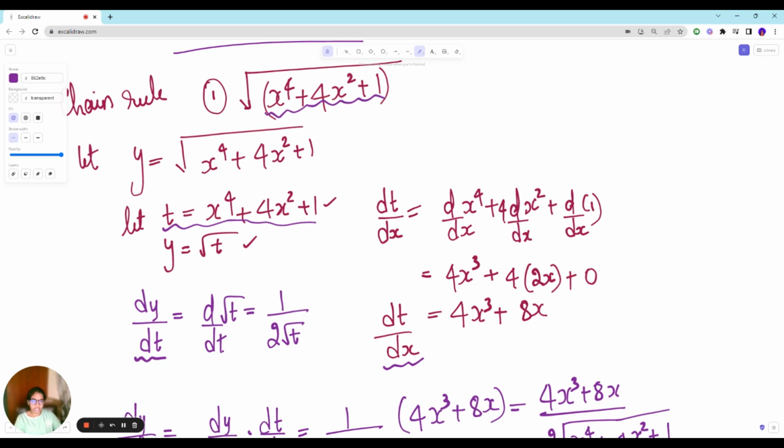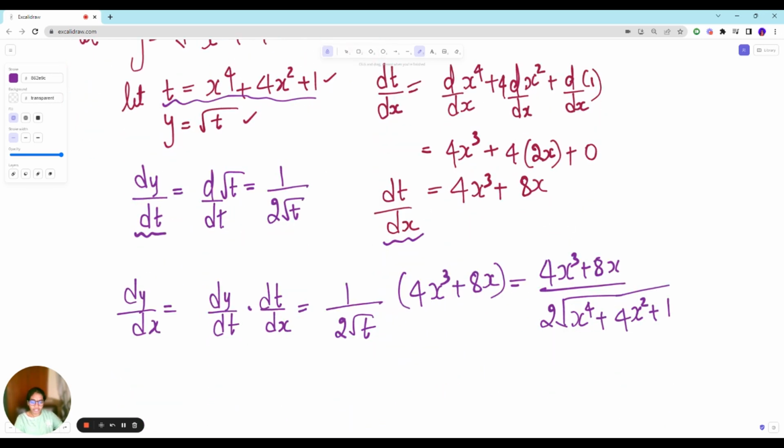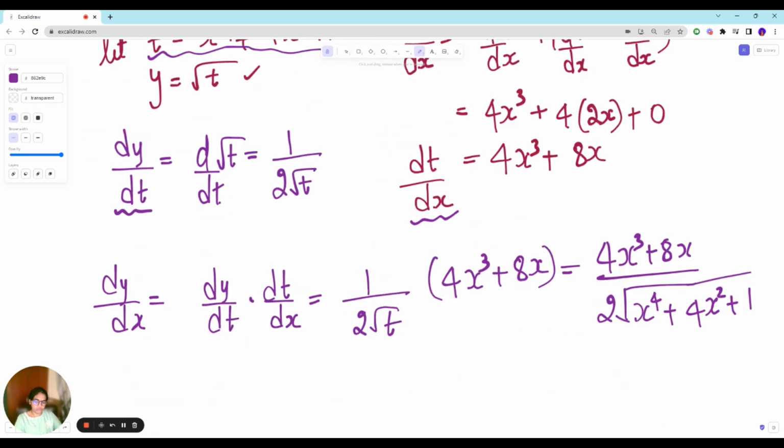Because I know what is the derivative of square root of t. And when I substituted this with some other variable, I could even differentiate this term. And when I wrote those two terms in product, I observed that these two terms would get cancelled and I would get dy by dx, which is our expected answer. Correct? So this is about chain rule.